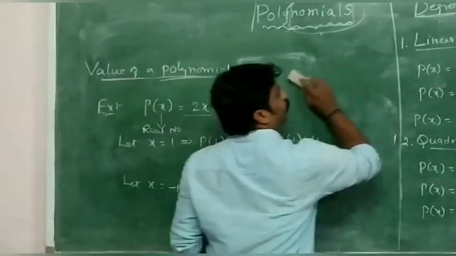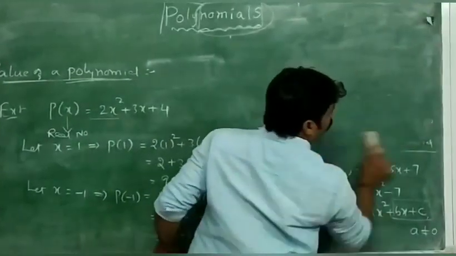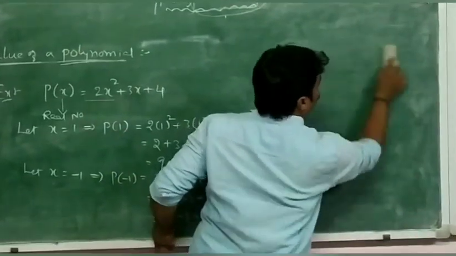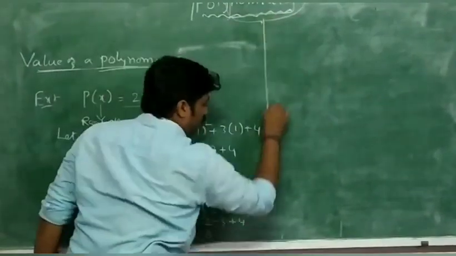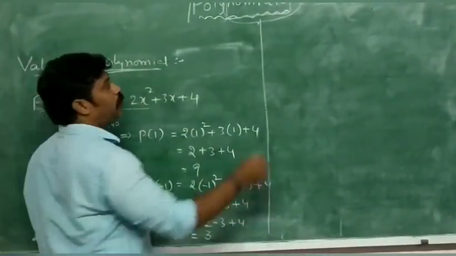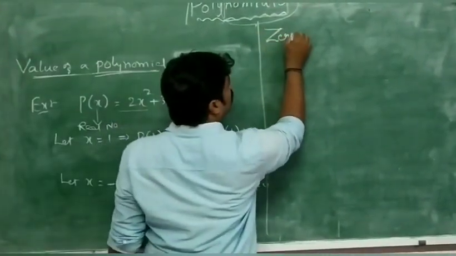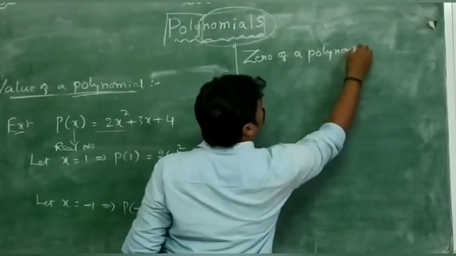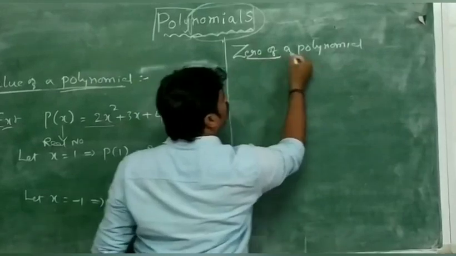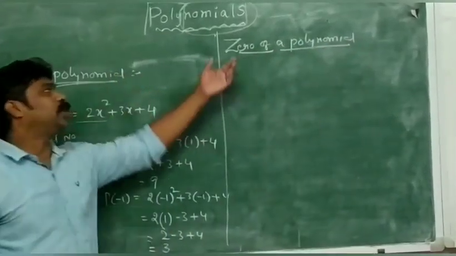So that is the value of a polynomial. Then after that, we have to know a very important one, that is the zero of a polynomial. So what is the zero of a polynomial?